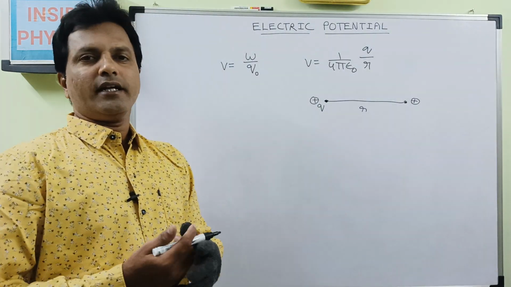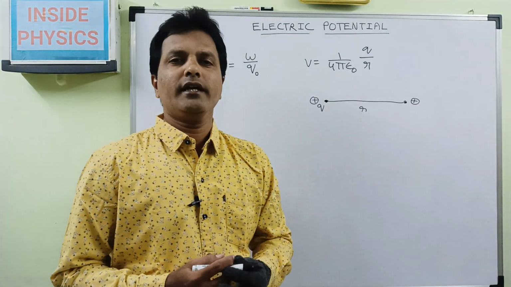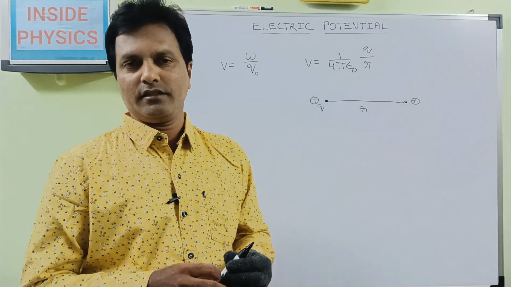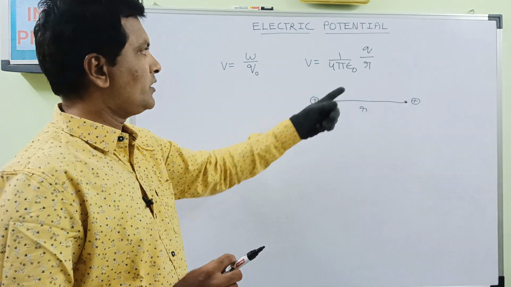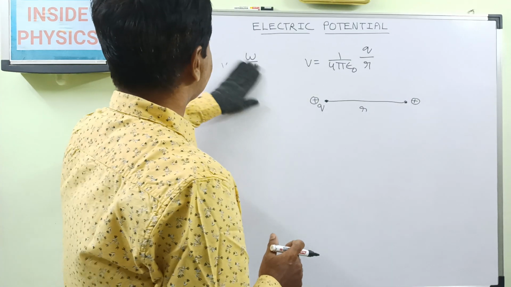For better understanding, we now calculate the potential due to a point static charge. How to calculate the potential due to a point static charge?